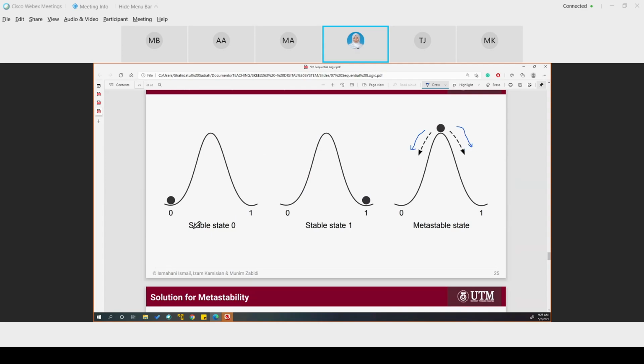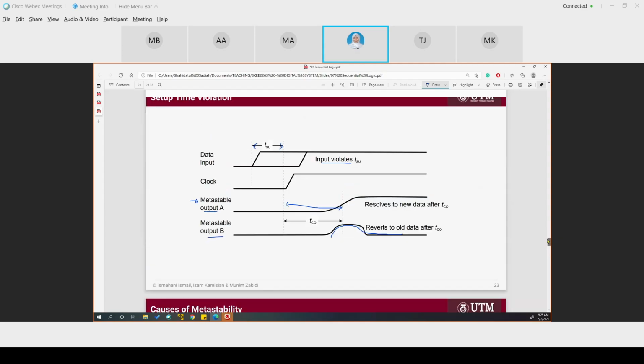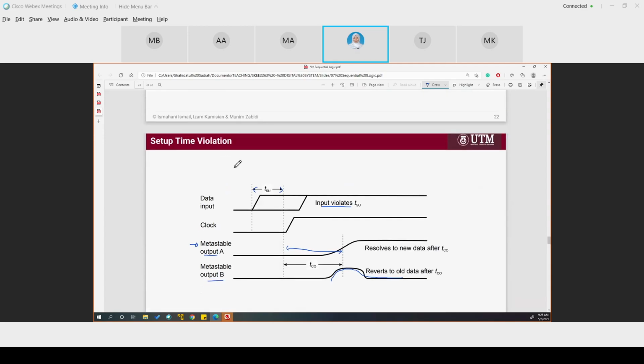The stable state is when the ball is in state 0 or the ball is in state 1. So when the timing is violated, there are two possibilities: it will go to the new data, which is the correct data, or it goes to the new data and then it reverts back to the old data because it's not stable. Don't know which one to go.